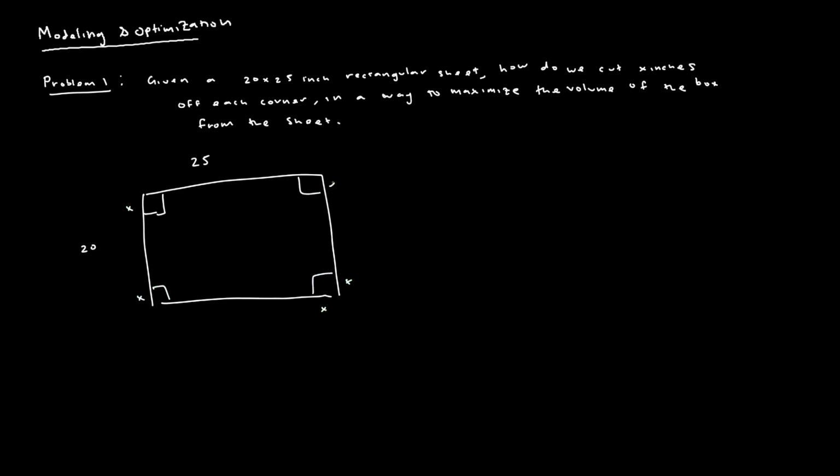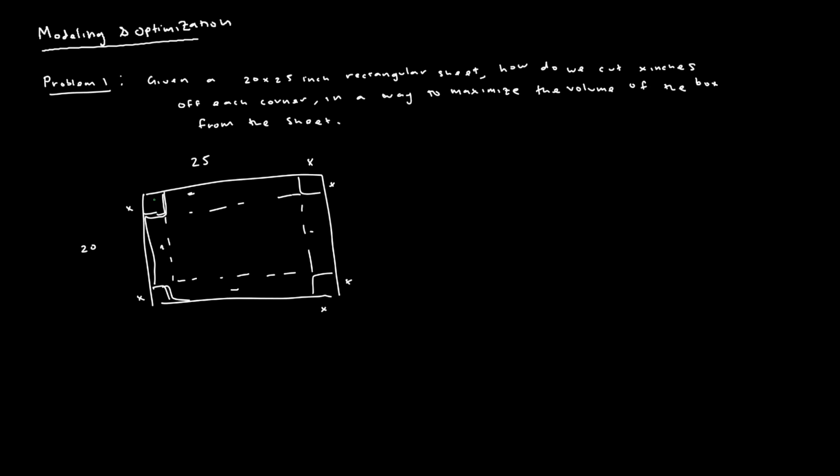You can imagine that the leftover surface can be made into a box, because we can fold these rectangular strips over and they become flaps. We want to maximize the volume of the box that can be made by cutting these x inch strips. So how do we go about this problem?